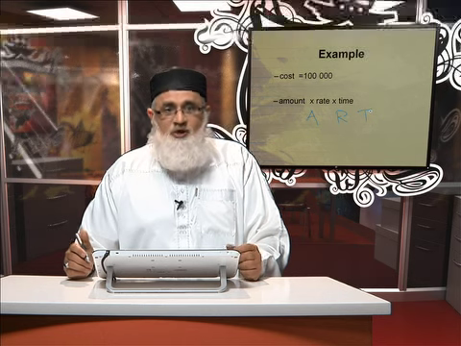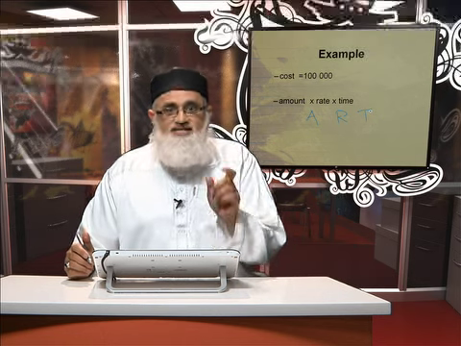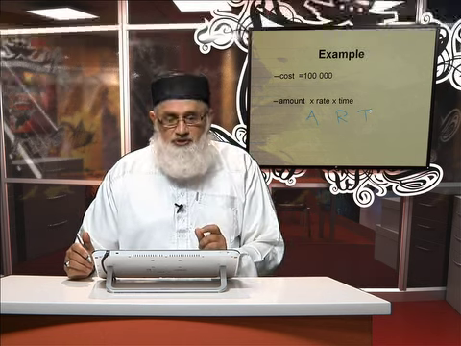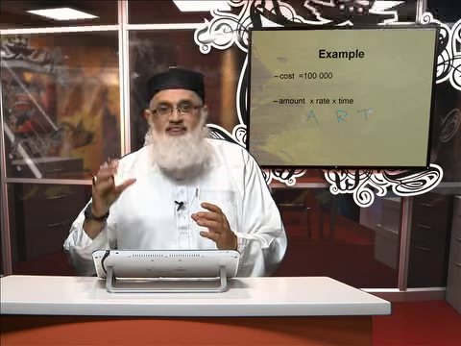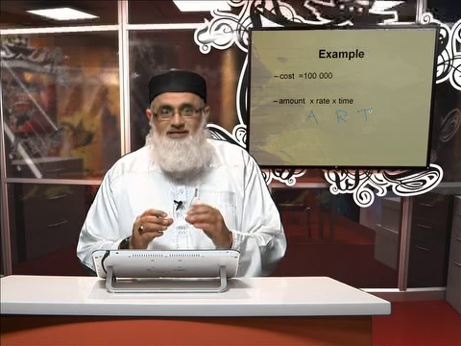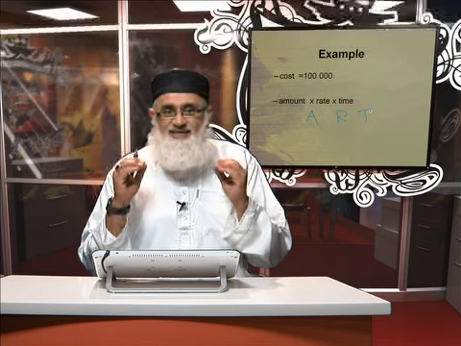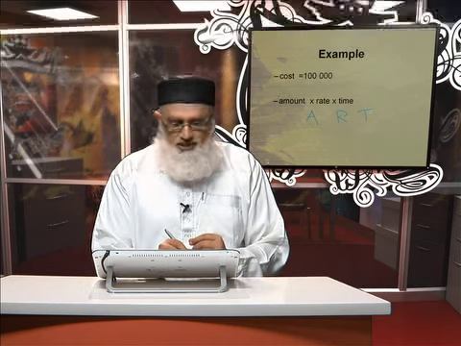Certainly not. What it means is that when you are doing this calculation, you have to work with the amount, the rate and the time. Got that? All three components are critical when it comes to your calculation.